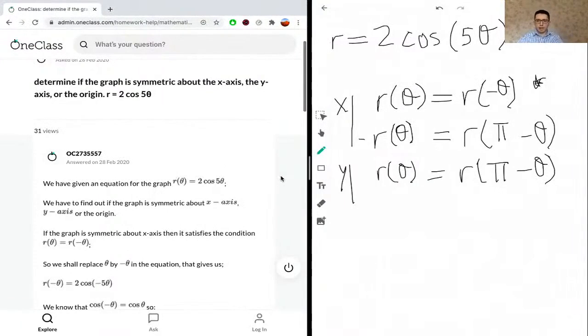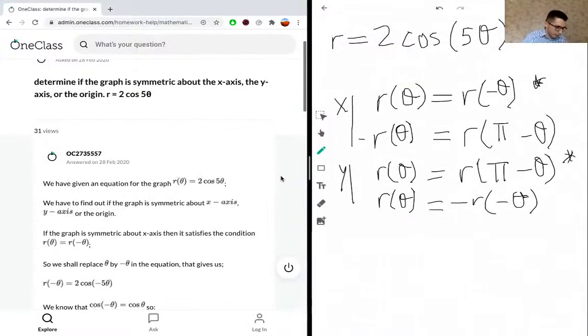If we substitute pi minus theta into the equation, these two have to be equivalent for us to get y-axis symmetry. The other scenario, one of these two equations has to be true for symmetry on the y-axis, is negative r theta equals r negative theta. So this is the other equation that we can use to test.